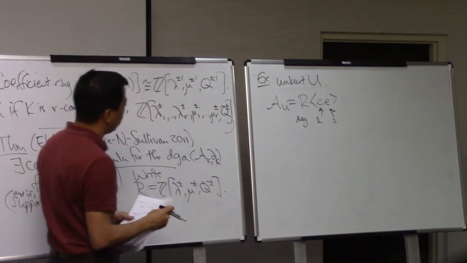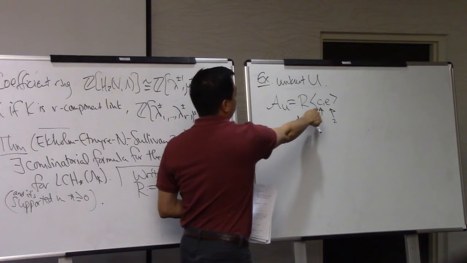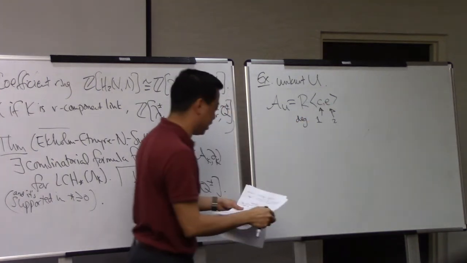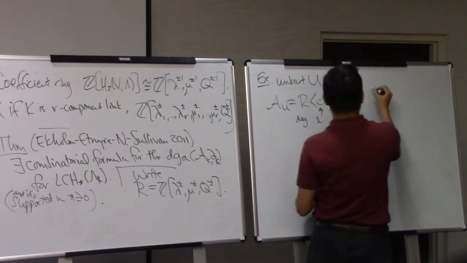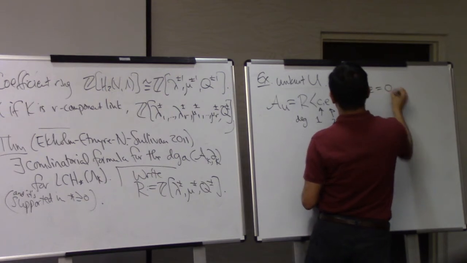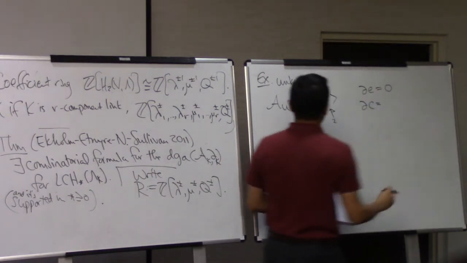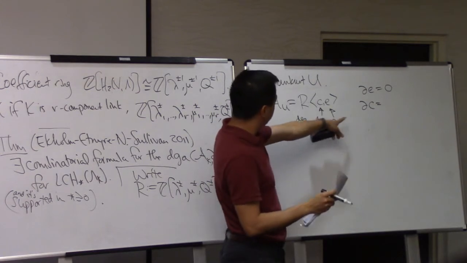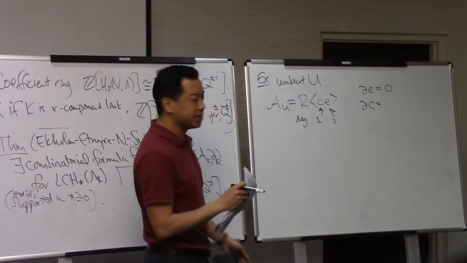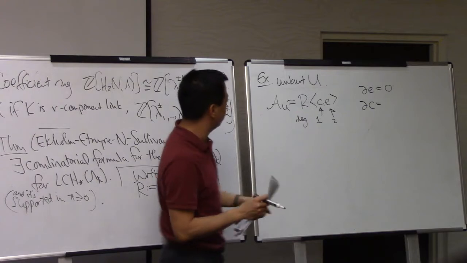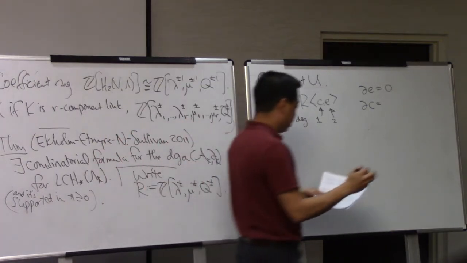The differential on this algebra is completely determined by where it sends C and E. The differential of E is 0. And the differential of C, you would think, well, there's nothing in degree 0, so the differential should also be 0. But there actually is something in degree 0, right? This entire coefficient ring is in degree 0.